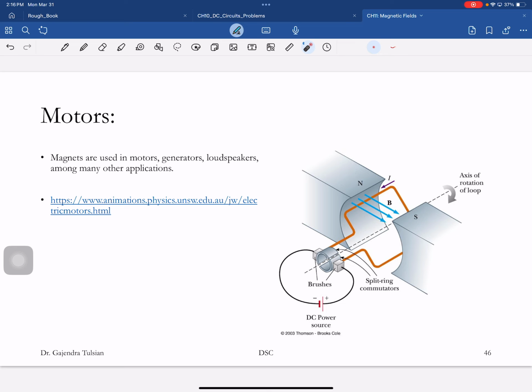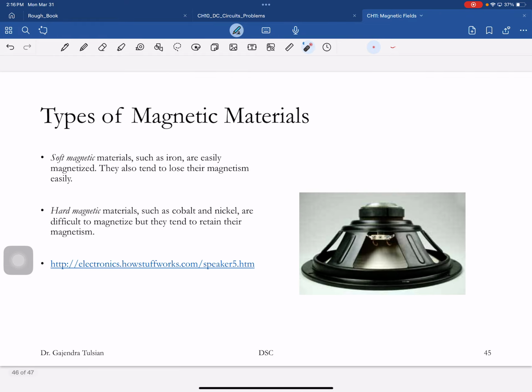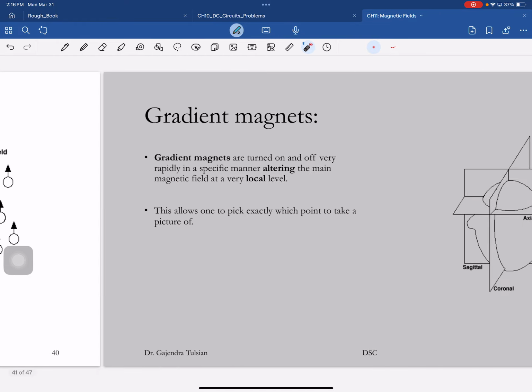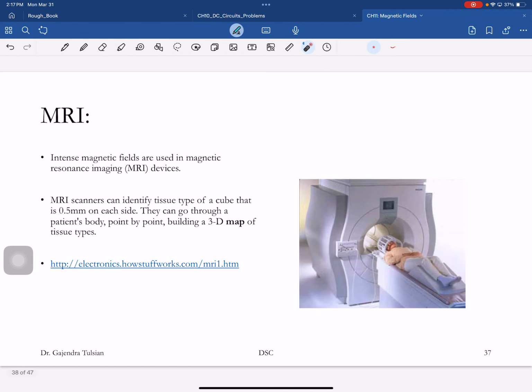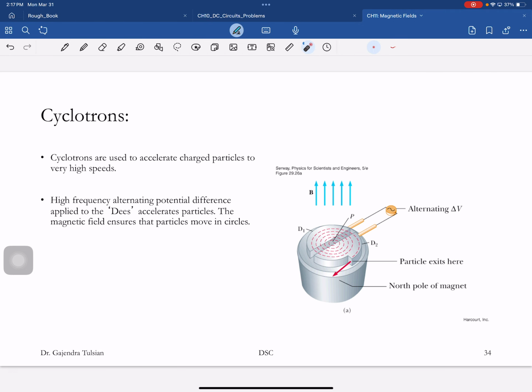So this device, if you connect it this way, the brush is this way, that's when you're switching the current at the right time. So these are amazing things. Electric motors convert electrical energy into mechanical energy. All right.